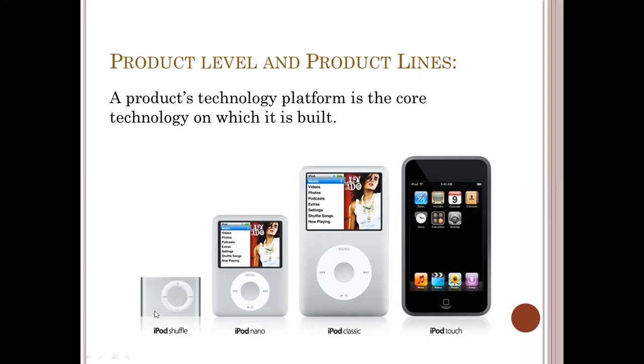In many cases, the development of a new offering is to take a technology platform and rebundle its benefits in order to create a different version of an already existing offering. So we have here the iPod Shuffle, and then it upgraded into iPod Nano, but it still has the same core technology, and then they offered the iPod Classic and then the iPod Touch.